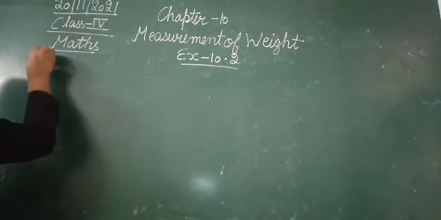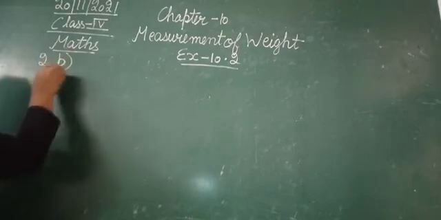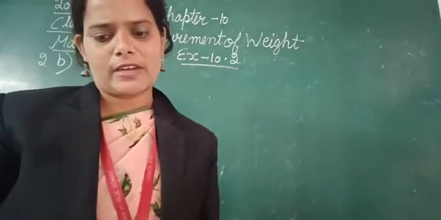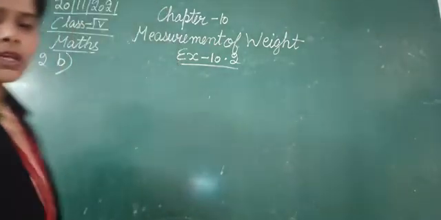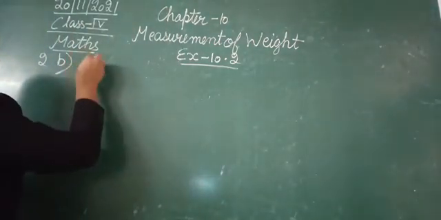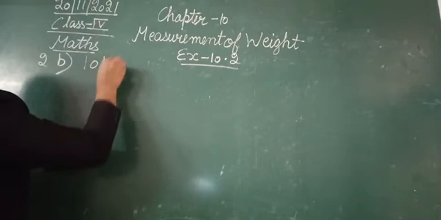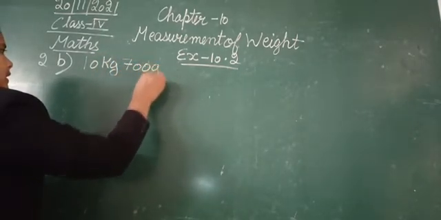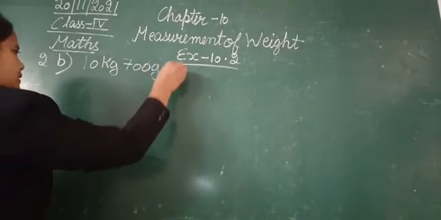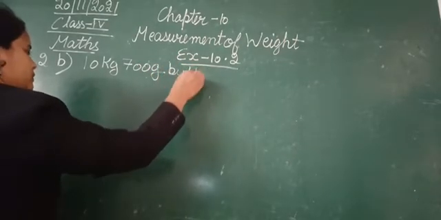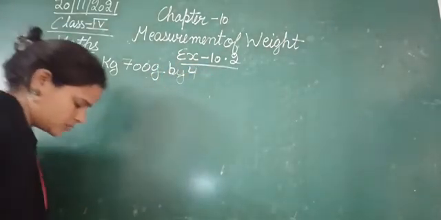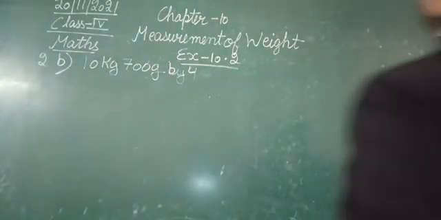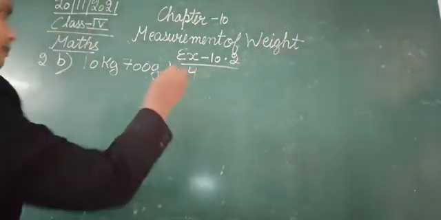The B part of question number 2 is, we have to divide 10 kg 700 gram by 4. So let's divide it.